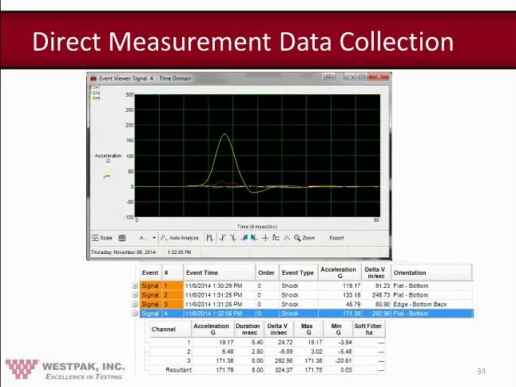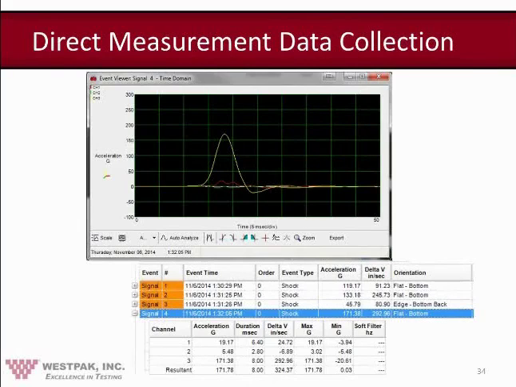So what does your ride recorder spit out? This is a sample of a graph that it will spit out for you. If you look at this graph, it's telling you on Thursday, November 6, 2014, at around 1:32 p.m., this shock happened.